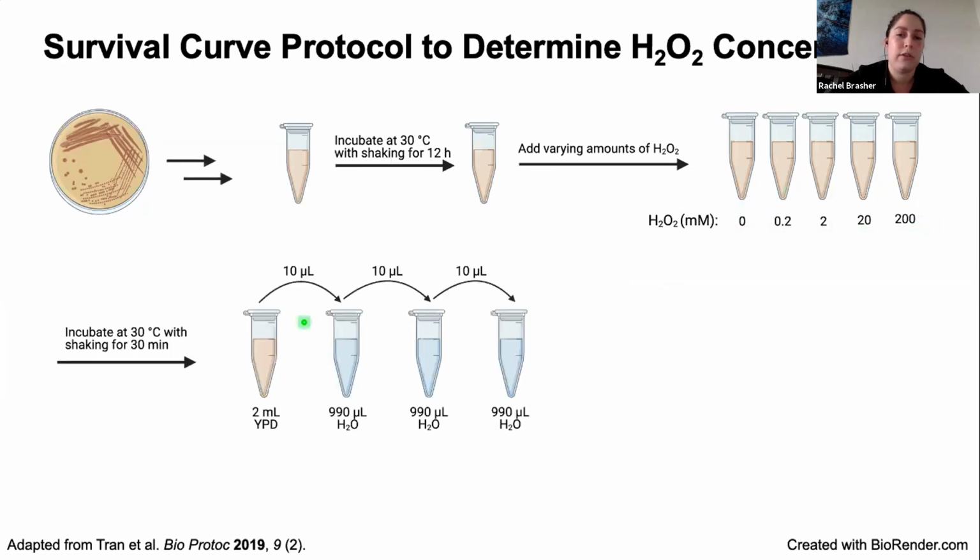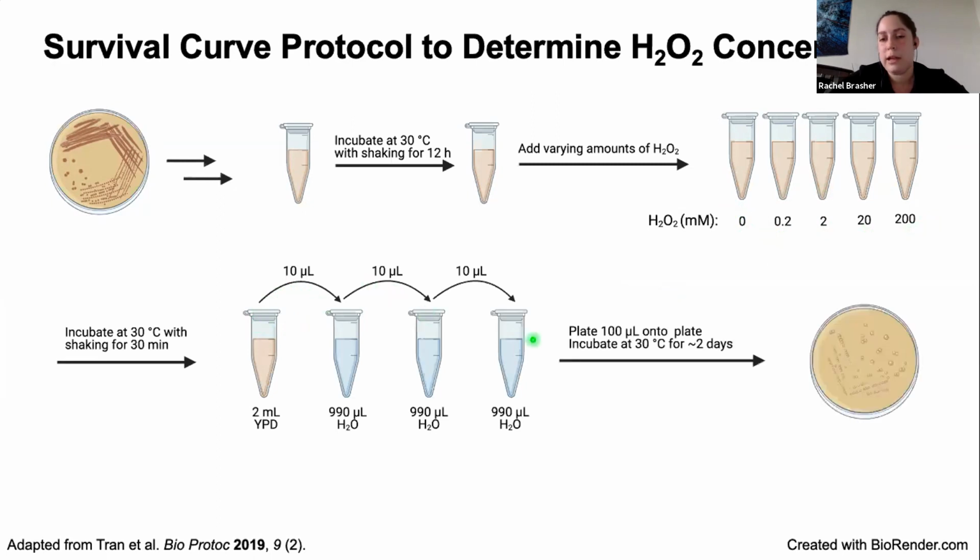After being stressed, cells were serially diluted in water, plated, and then allowed to grow for approximately 2 days. Percent survival was determined as the stressed, so the 0.2, 2, 20 and 200 millimolar, over the 0 millimolar non-stressed, and then multiplied by 100.